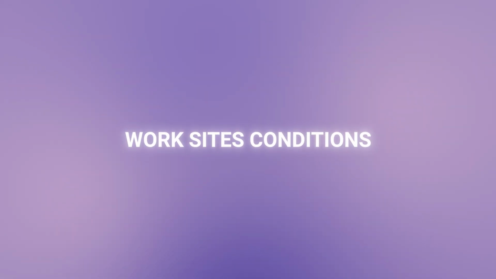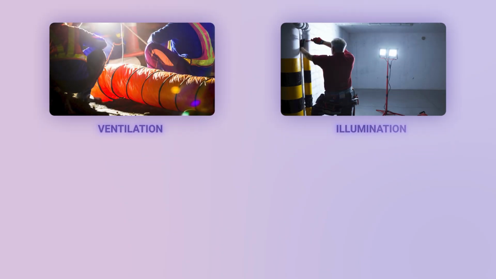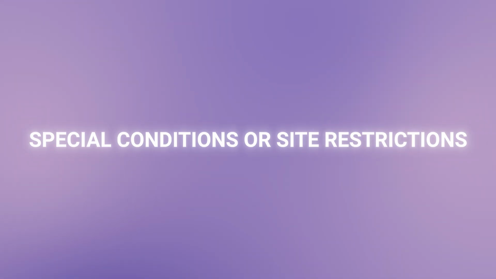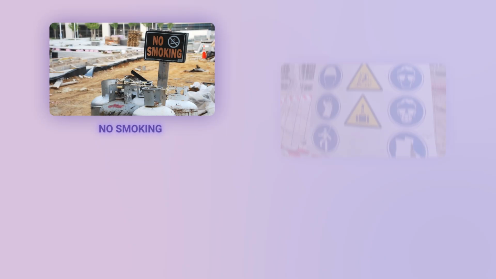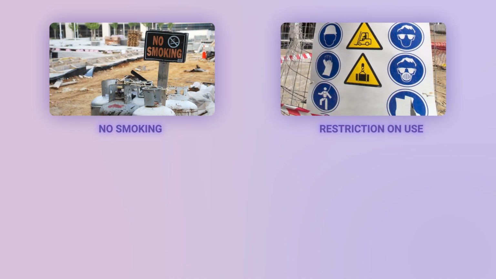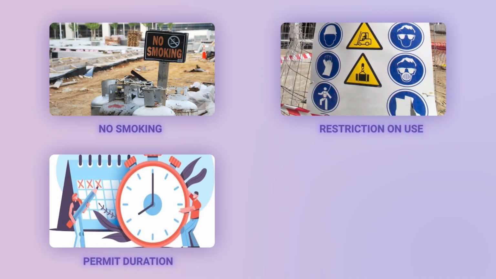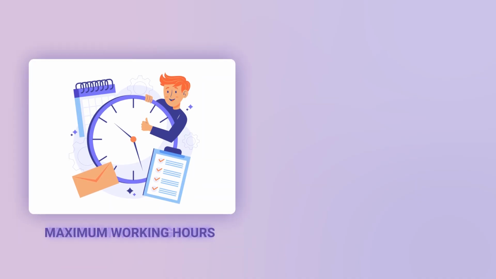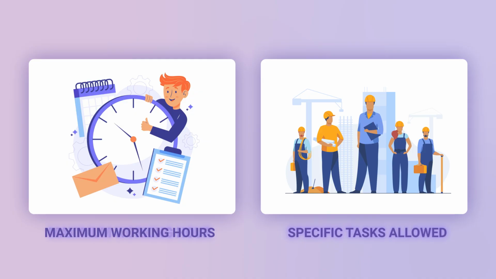Worksite conditions such as ventilation, lighting, weather condition, power blocks, etc. Special instructions or restrictions associated with the tasks such as no smoking in the work area, avoiding using certain equipment, the permit being restricted to certain hours, isolation and lockout requirements, and permit limitations, such as maximum working hours, specific tasks that are allowed or prohibited.